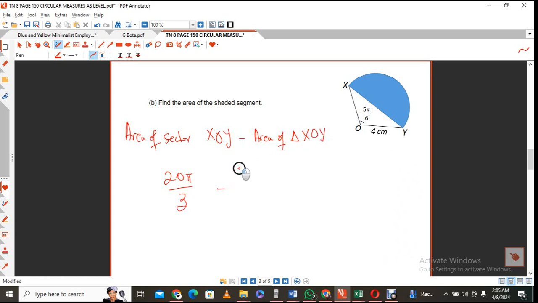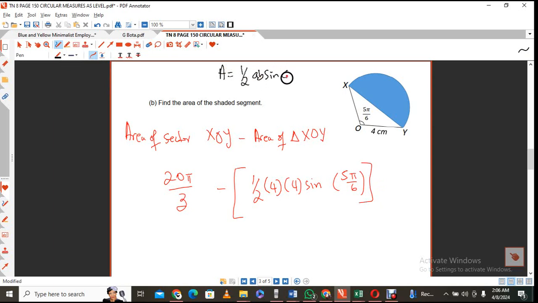So we need to find the area of this triangle. And the area of the triangle is a half times 4 times 4 times the sine of 5 pi upon 6. So I hope you are quite familiar with the area of a triangle, which is a half ab sine C. And that's the formula that I use.